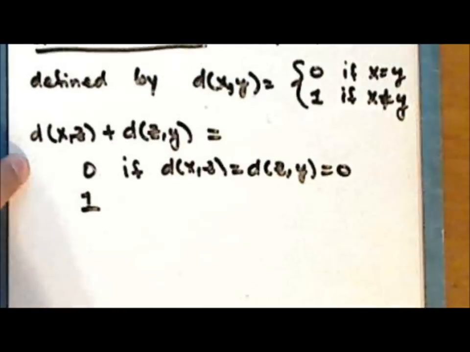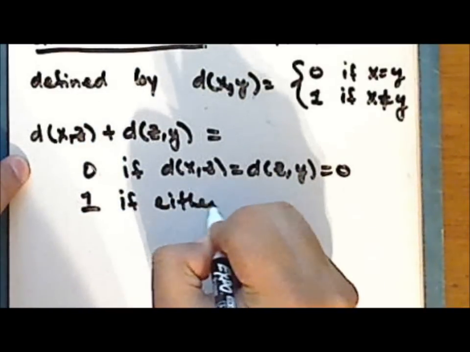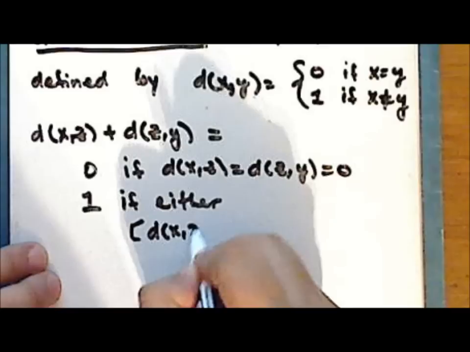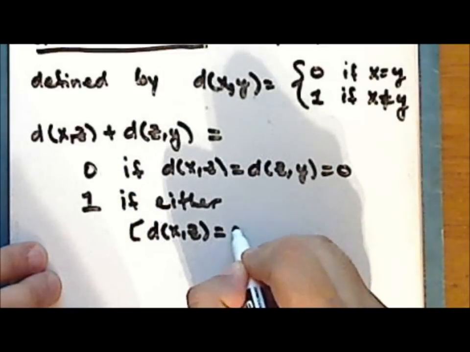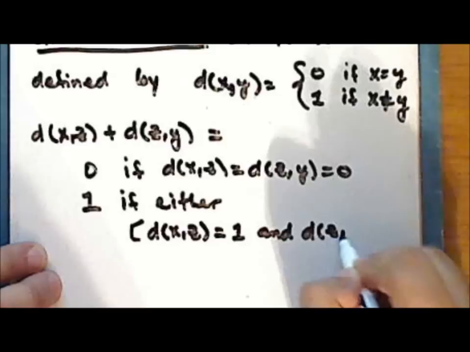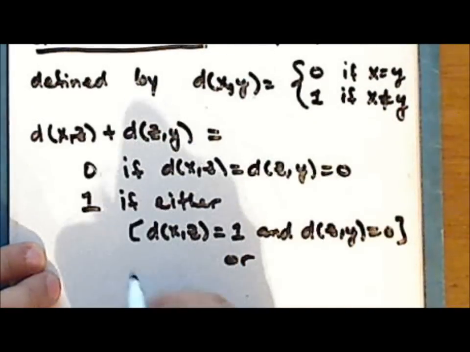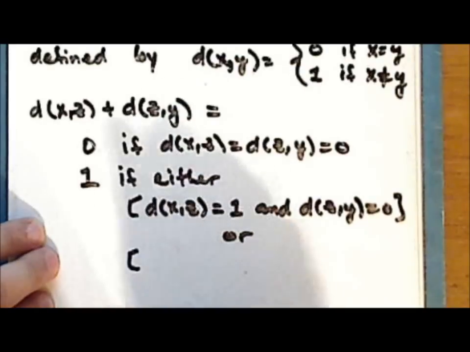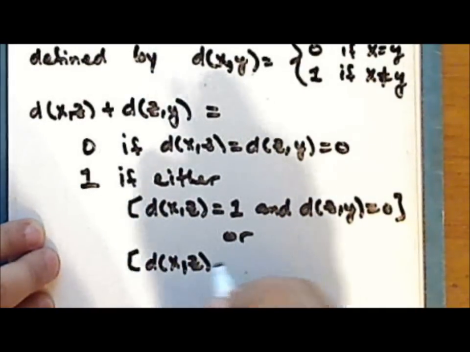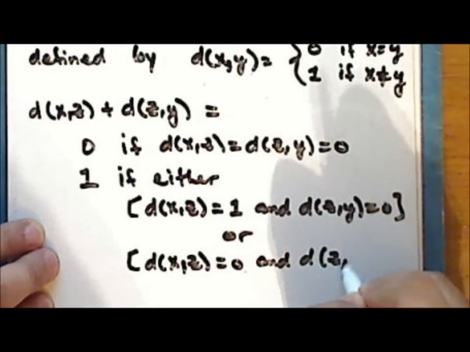The sum can be the number 1 if either the distance from x to z is 1 and the distance from z to y is 0, or the distance from x to z is 0 and the distance from z to y is 1.